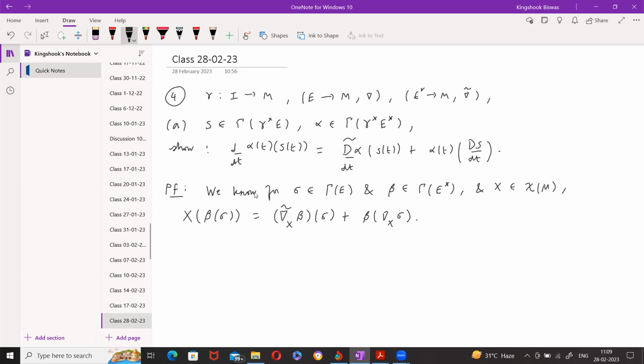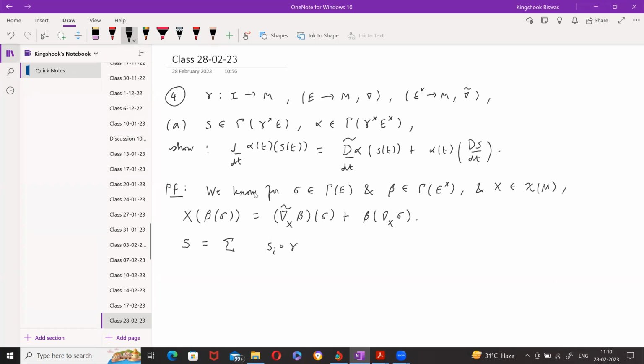What is true is that S you can write as a sum of sections of E on the manifold restricted to gamma.